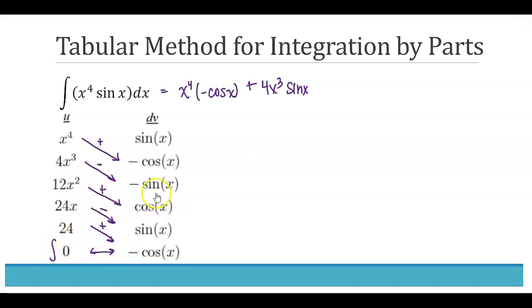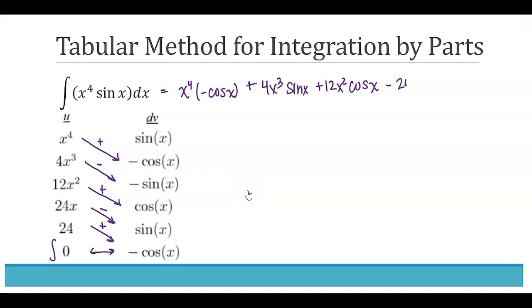So now I just continue this multiplication. The next one is 12x squared times cosine x, and it stays the same sign, positive. So I'm going to have plus 12x squared cosine x. Then I have 24x times sine x, and that would be positive, but it's going to change sign. It's going to become negative.